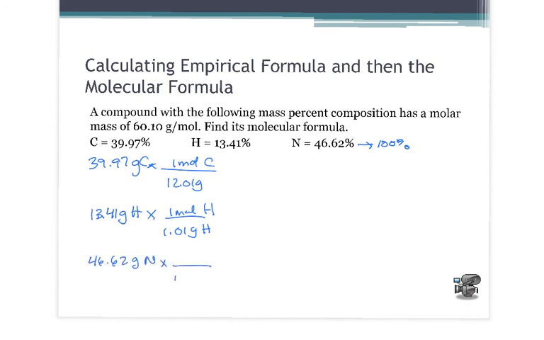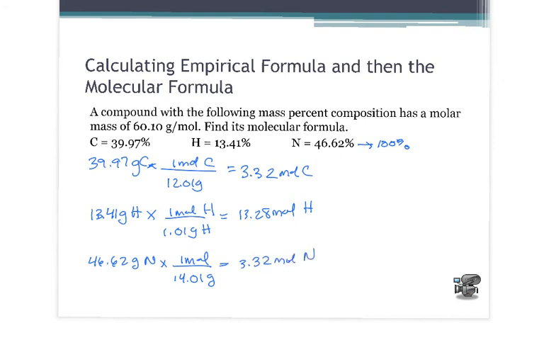And there's 14.01 grams of nitrogen for every 1 mole. Okay, so we end up with 3.32 moles of carbon, 13.28 moles of hydrogen, and 3.32 moles of nitrogen.